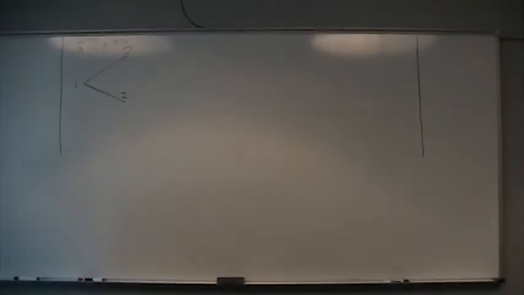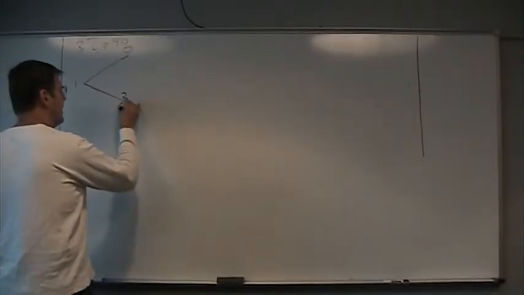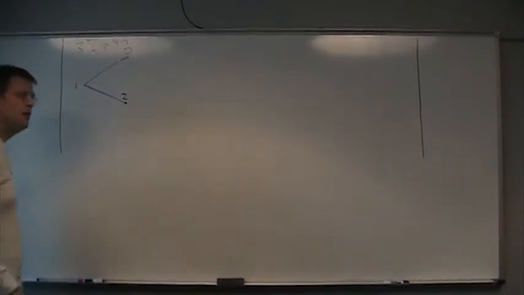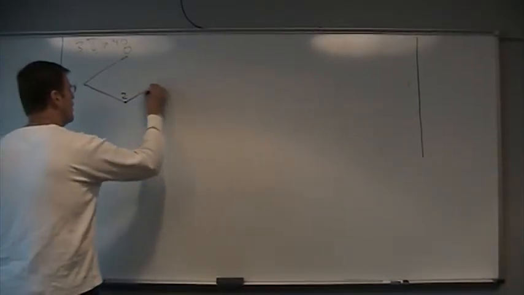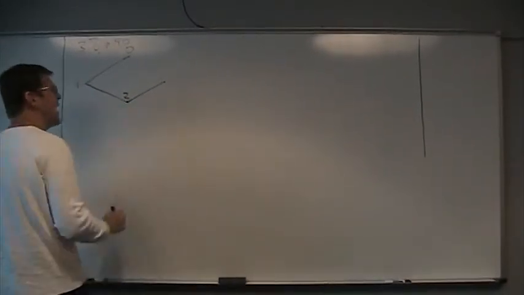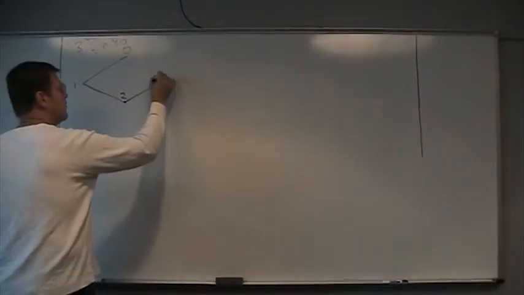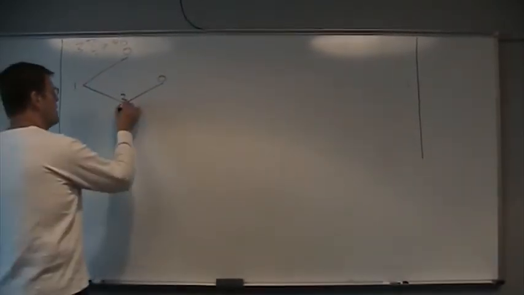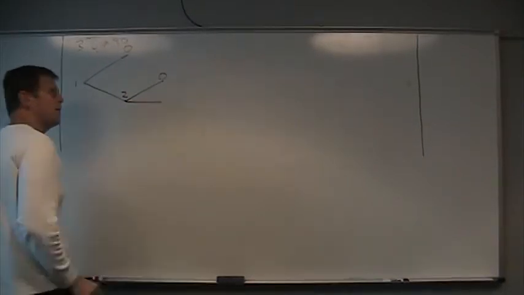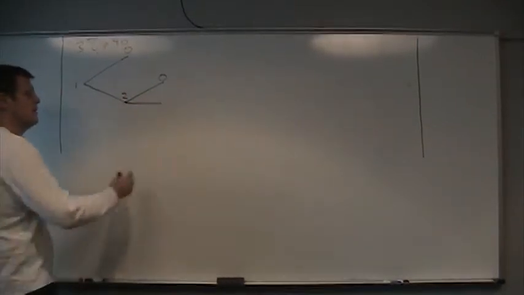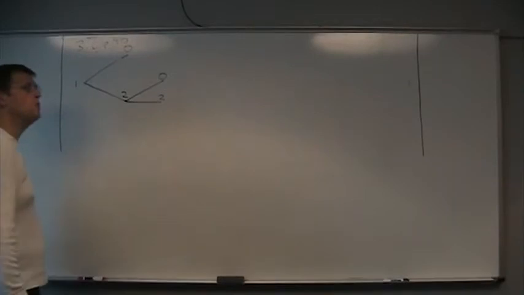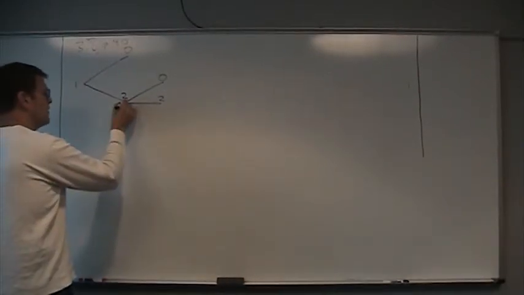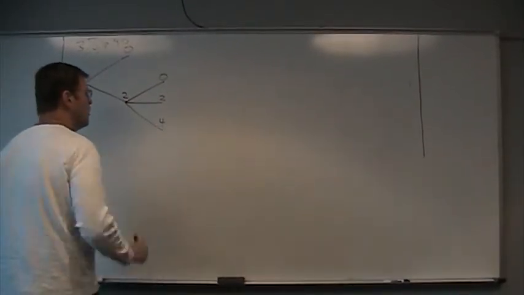In the next generation, each of these 2 cells can either die or split. So if both of them die, then we're down to 0 cells. If one dies and the other one splits, then we still have 2. And if both split successfully, we have 4.